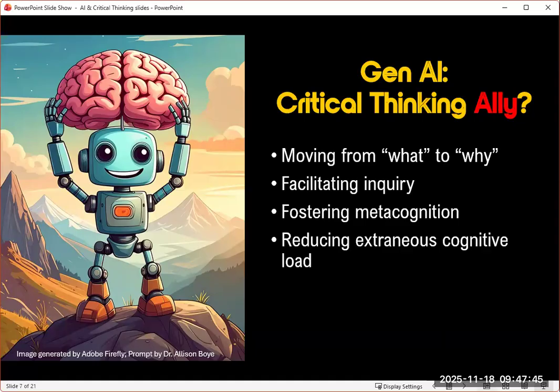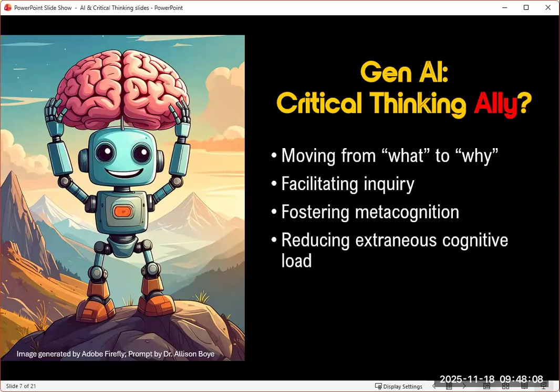And again, studies also show that interacting with generative AI can enhance reflective performance and encourage reflective activities in general, which the research tells us is really important for improving learning, right? Metacognition and reflection are really beneficial.